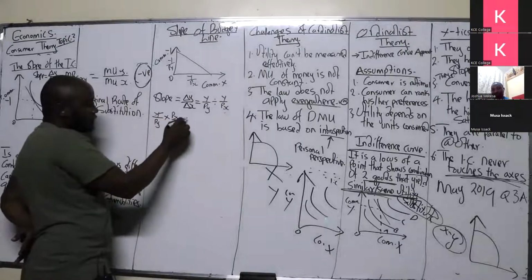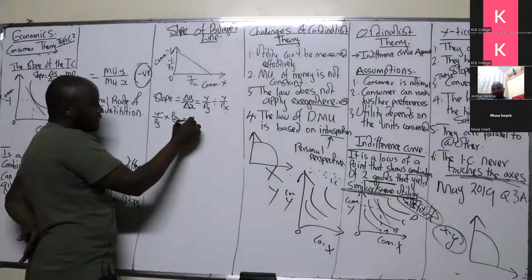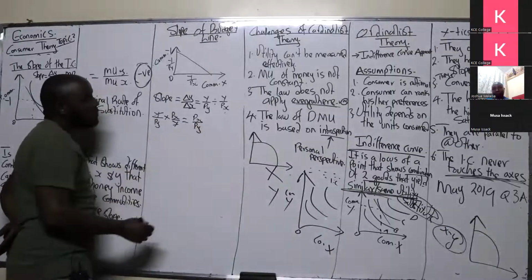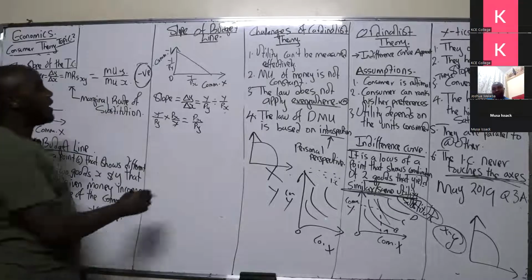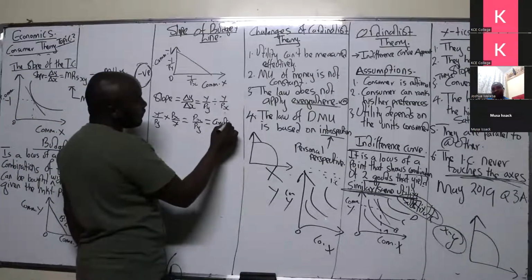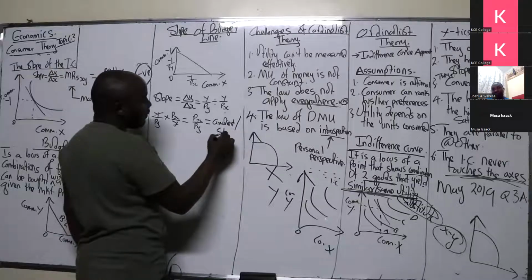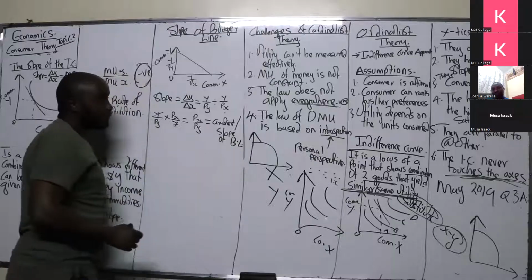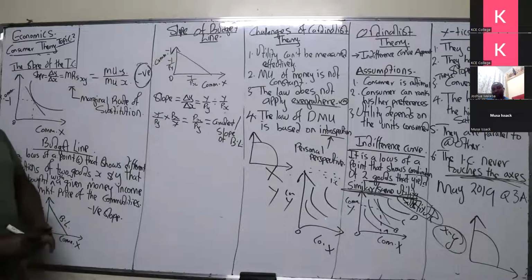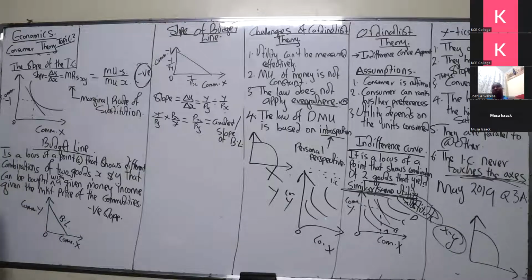This cancels this, meaning that the slope is PX over PY. So the price ratio PX over PY will be equal to the gradient or slope of the budget line. That's the issue to do with the slope of the budget line.